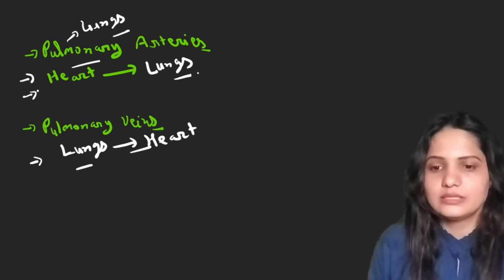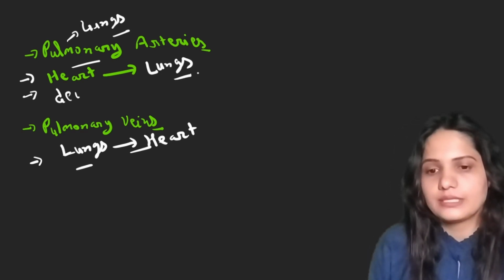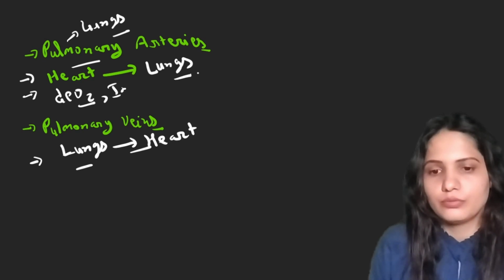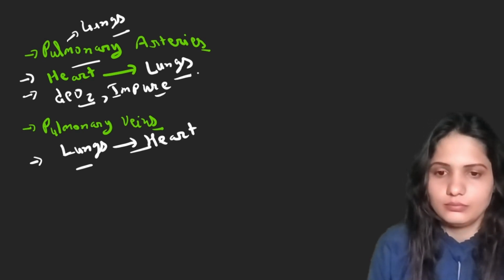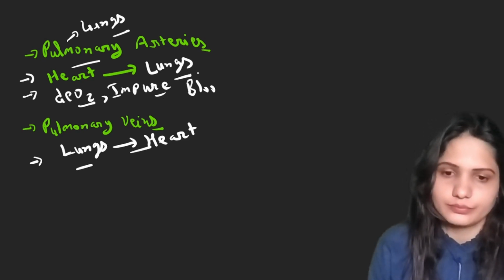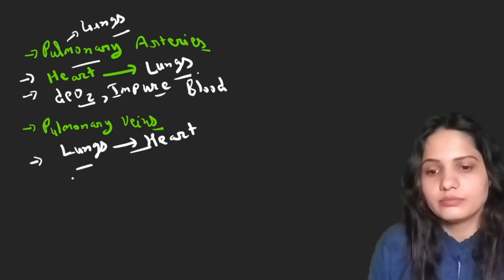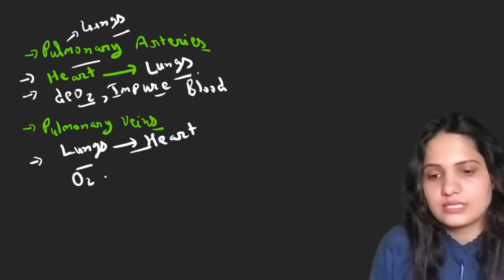The pulmonary arteries carry deoxygenated, impure blood. Okay, and the pulmonary veins carry oxygenated, pure blood.